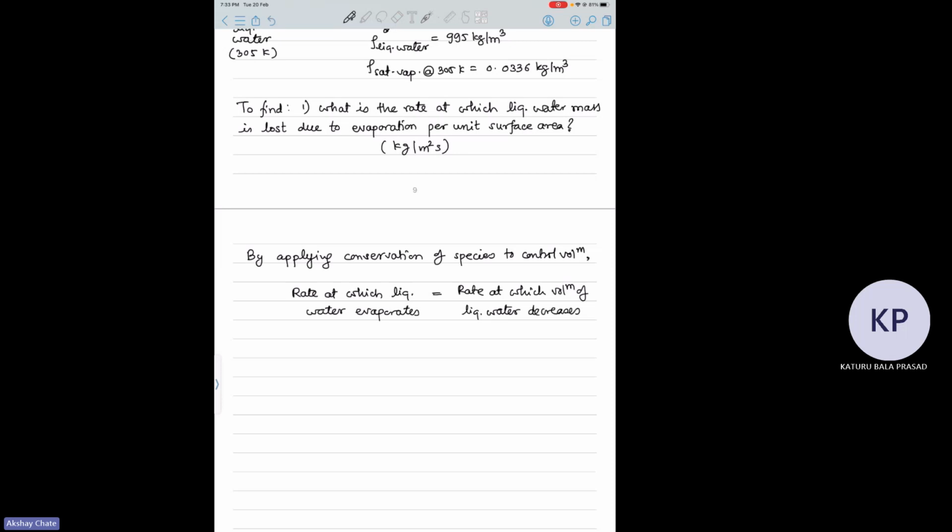Correct, no? So now we know this, right? The rate at which the volume of water is decreasing is nothing but d by dt of mass of liquid water.